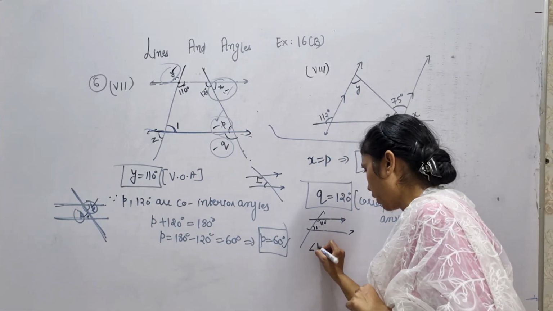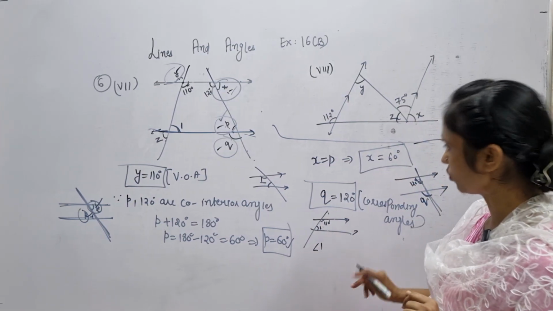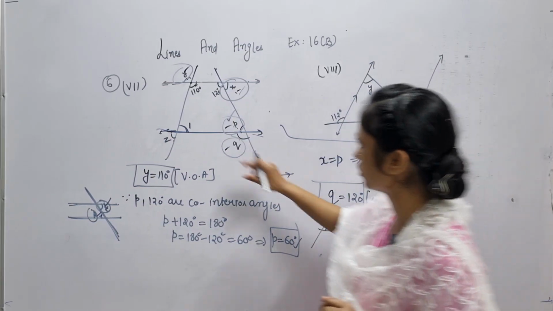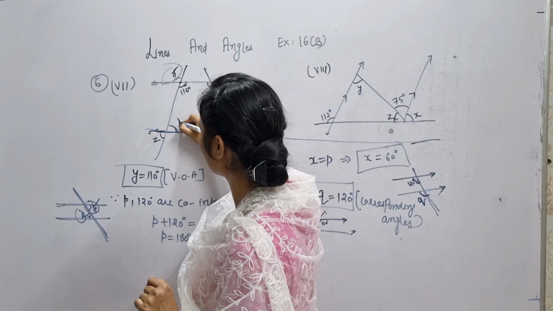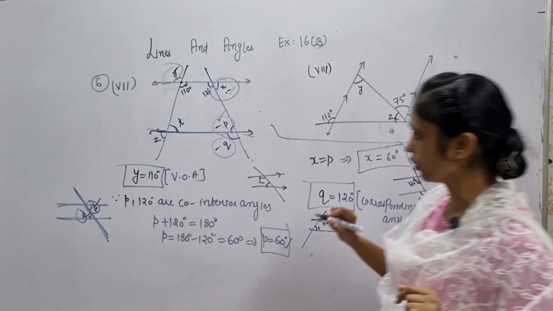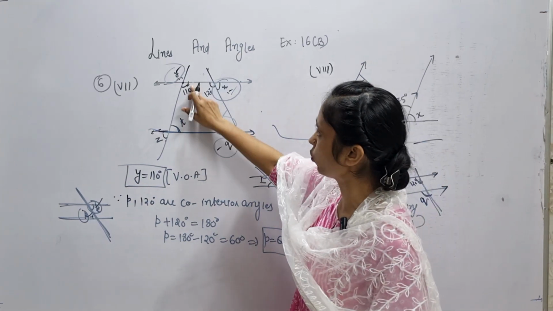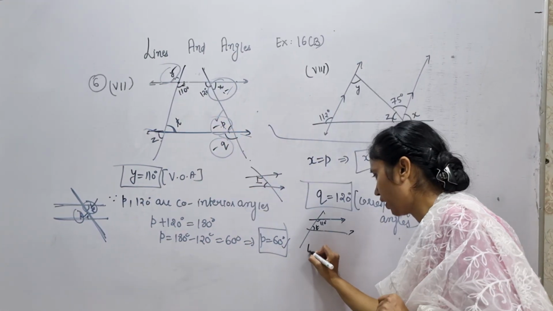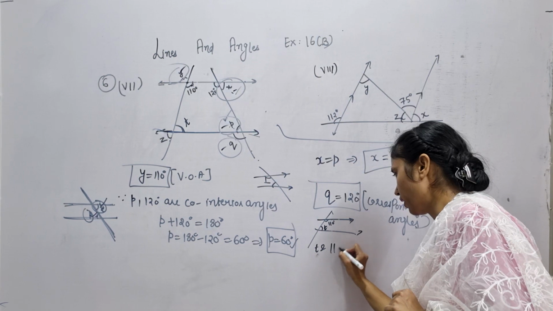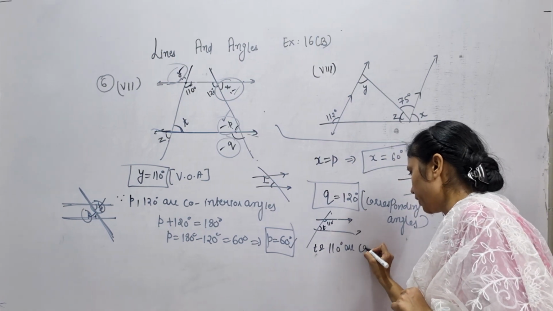Okay, means angle 1. If you want to give some other name, you can give it T also. Otherwise with 1 you can be confused. Okay, so T, suppose this is T. T and 110 are co-interior angles.